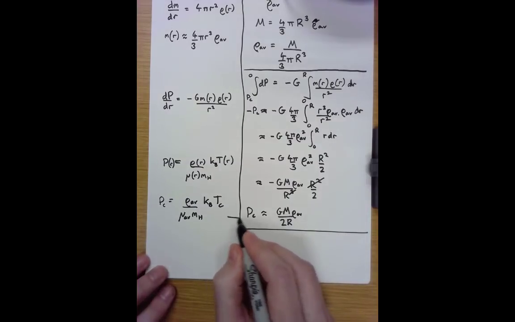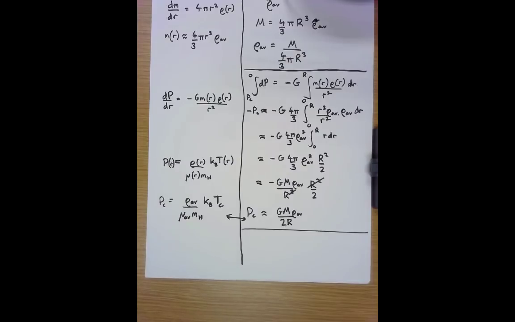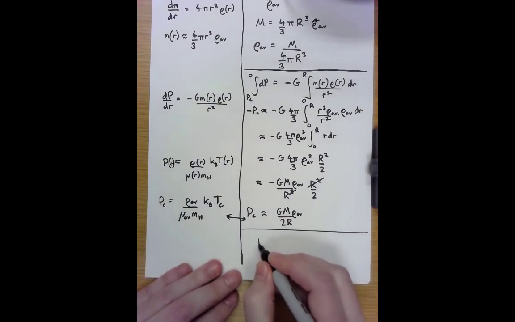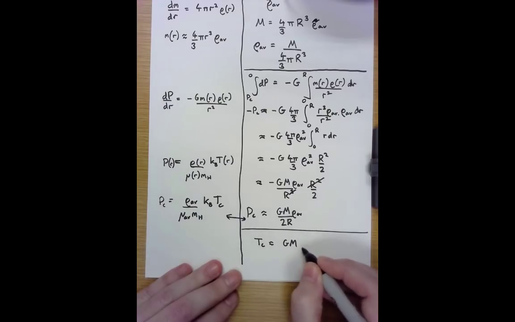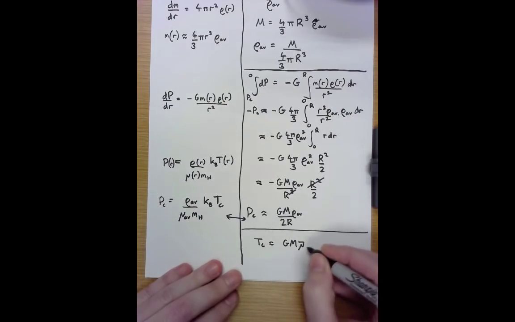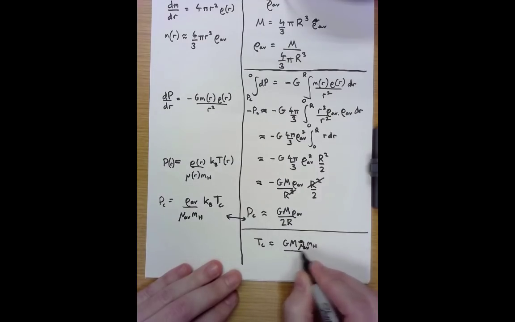And so if we combine these two and solve for Tc, then we find that Tc is about G M mu bar, or I'm sorry, mu average, m_H over 2 k_B times the radius of the star.